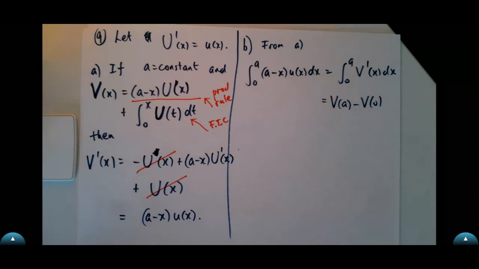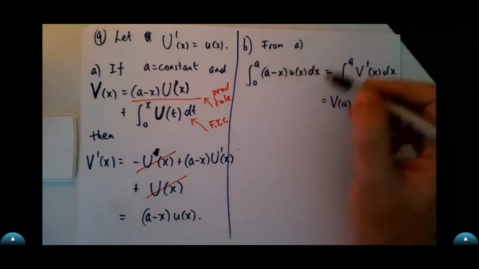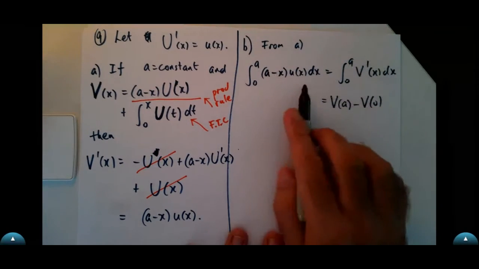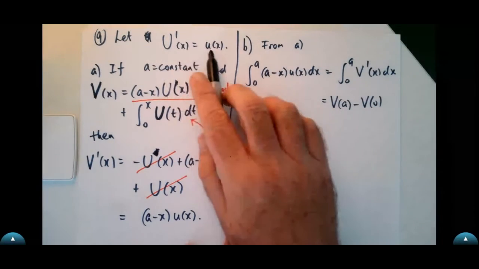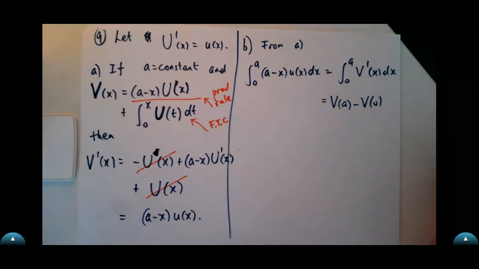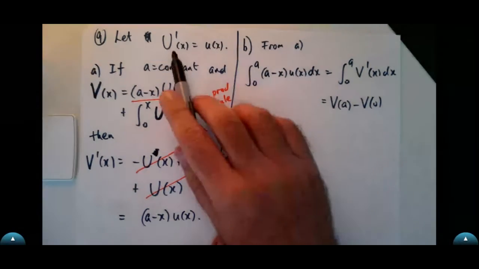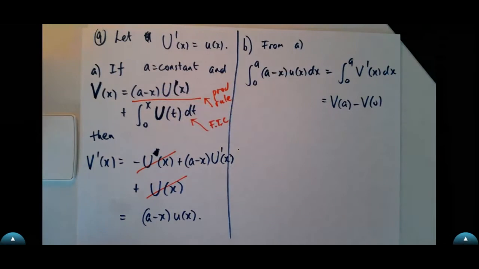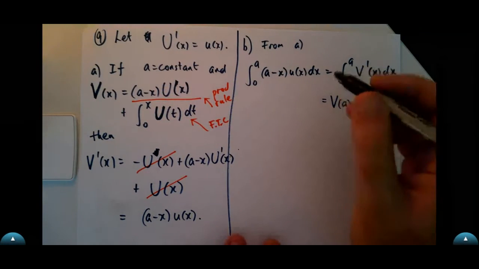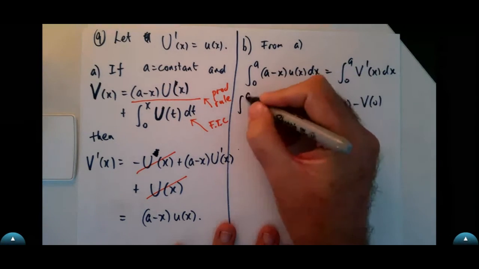Okay, so now what? Well, we haven't touched this left-hand side. So what is little u? Little u is just the derivative of big U, right?